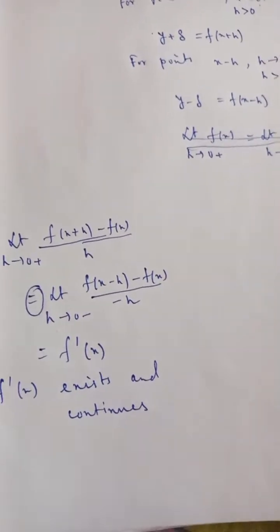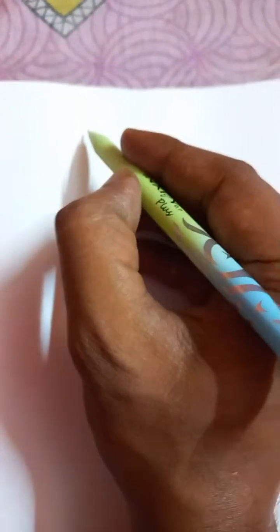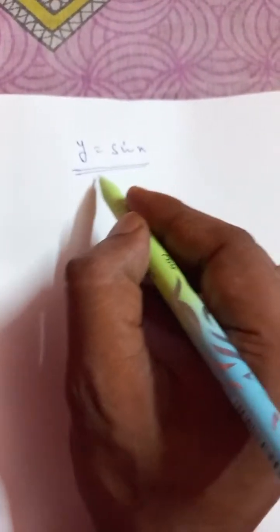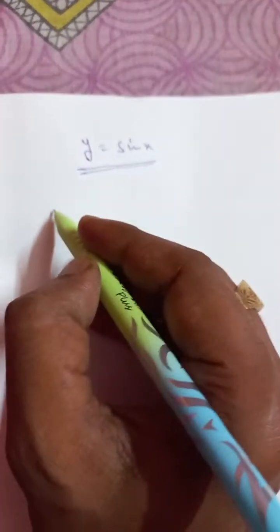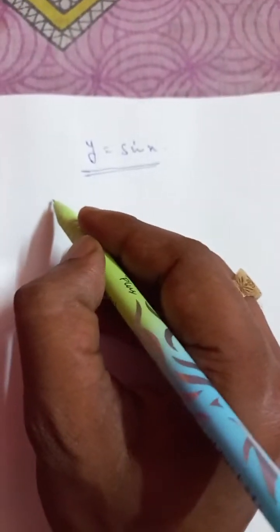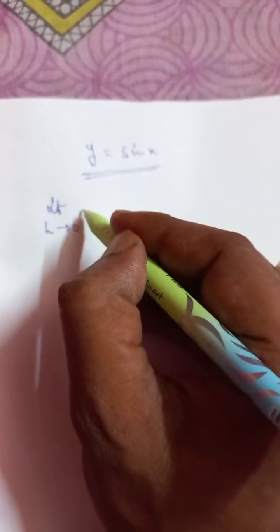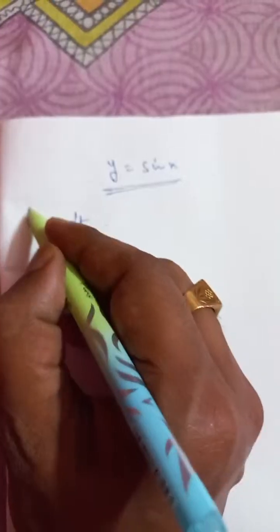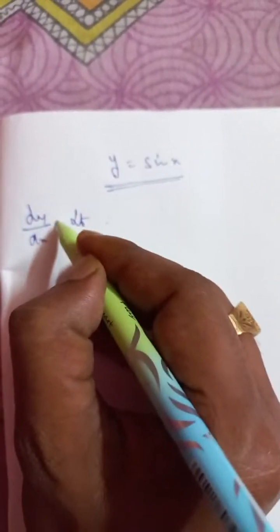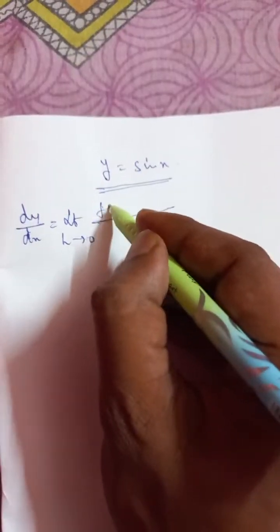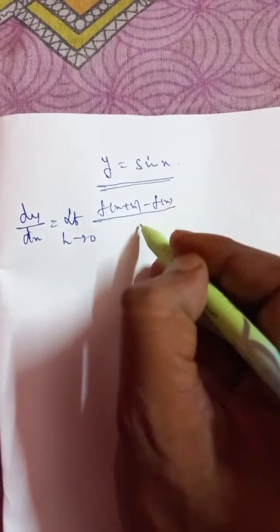So we'll take some example. Like if we take y equal to sine x, then what will be the differentiation of it by the definition of differentiation. So here we will take limit h tends to 0, this is also denoted by dy by dx, limit of f(x plus h) minus f(x) by h.